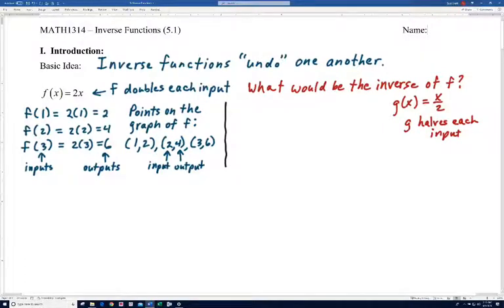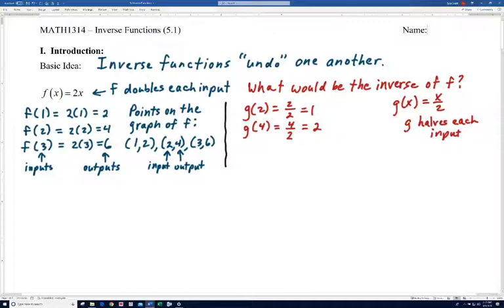So let's go ahead and plug some values in here. So remember, we had f of 1 equals 2 on the left. Let's kind of reverse that, and we'll say, what's g of 2? Well, you'd get 2 over 2, which is 1. And we said f of 2 was 4. What if we plug the 4 into g? Then we'd have 4 over 2, and we'd get 2.